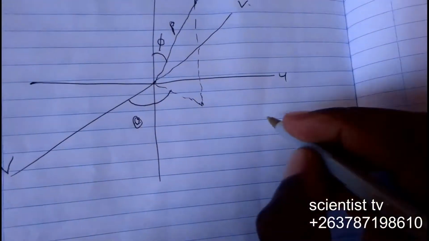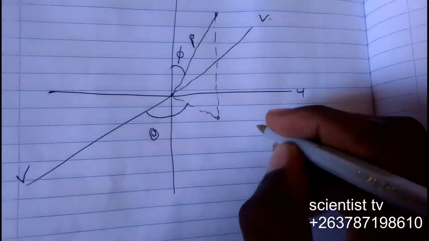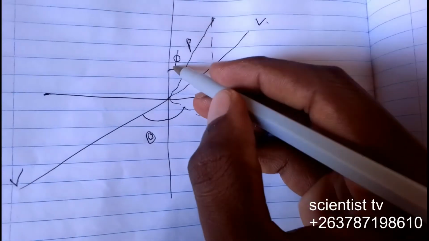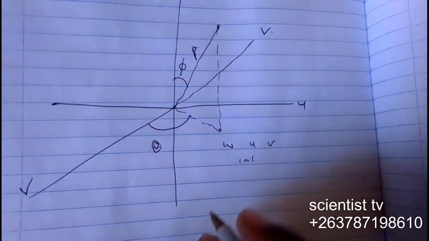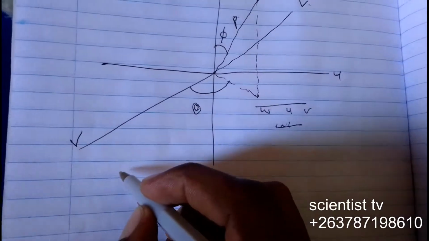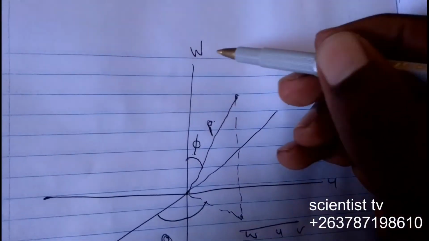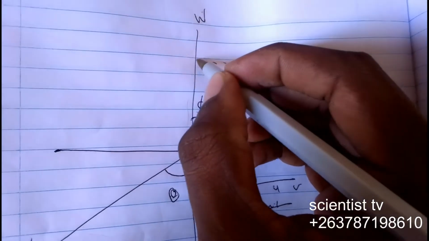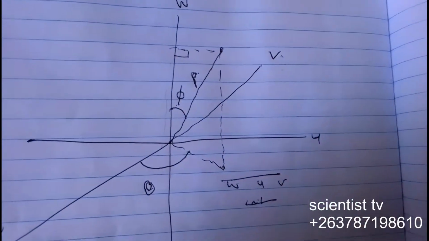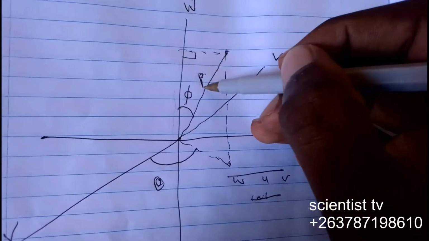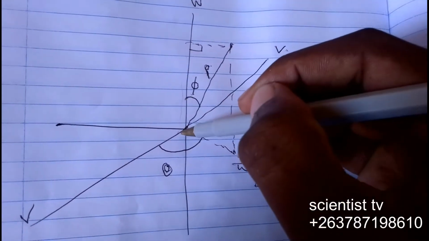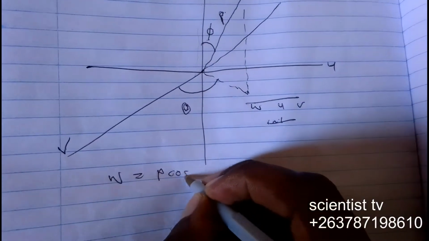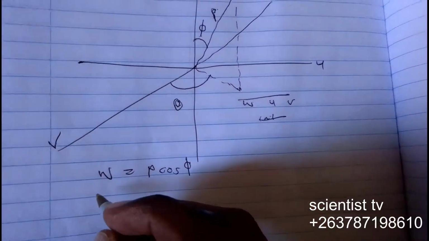Since these are spherical coordinates, we want to express w, u, and v in terms of phi, rho, and theta only. So how do we go? Let's start with w. Look here, this is a projection at 90 degrees, so rho cos phi, since rho is the hypotenuse.